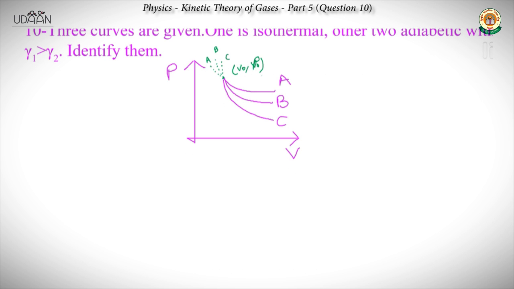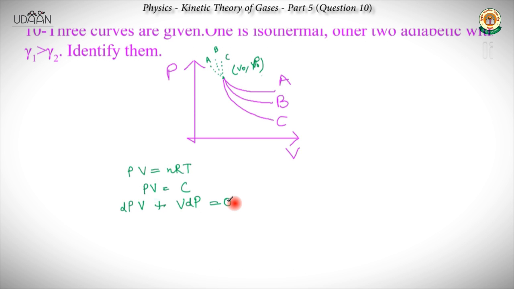So first we have an isothermal process for which PV equals nRT, or PV equals constant. Let's just differentiate it with respect to V. So dP into V plus V dP equals 0.